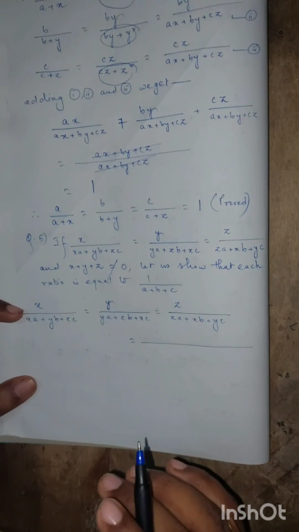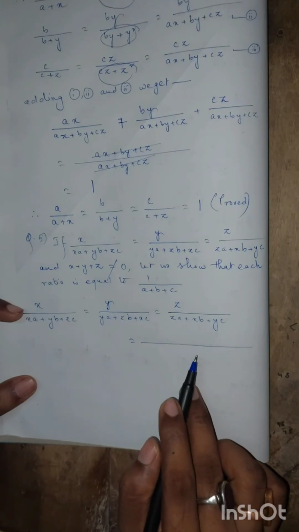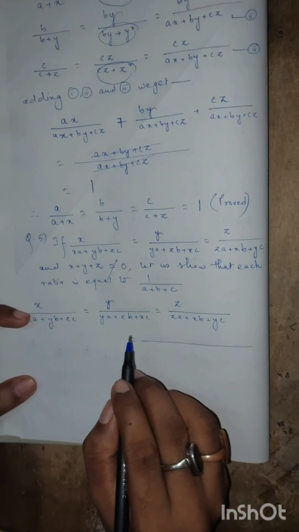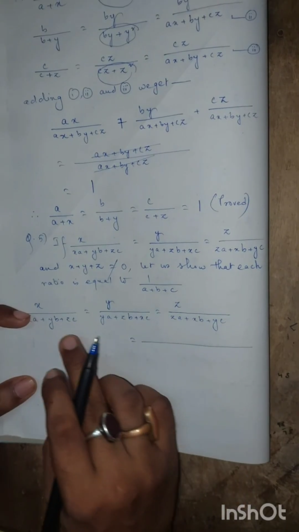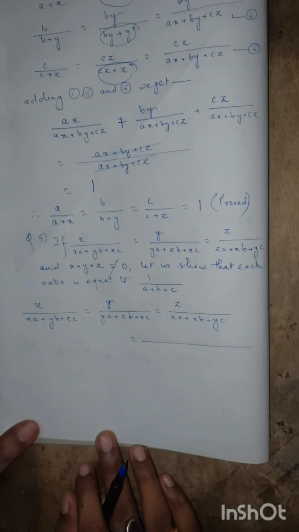whose numerator should be equal to the sum of the numerators of the previous ratios.